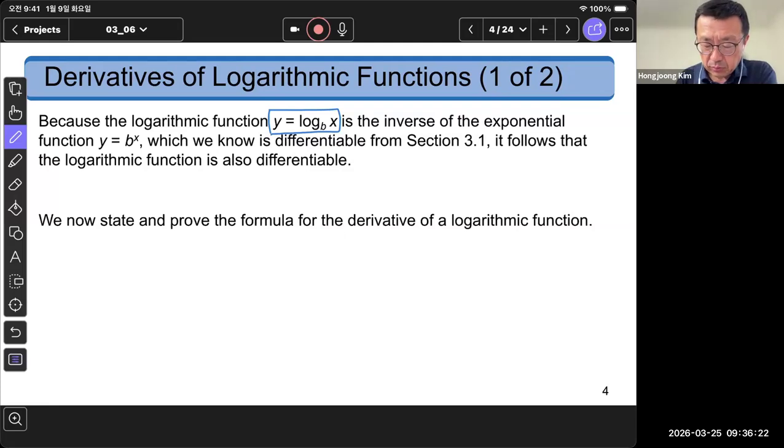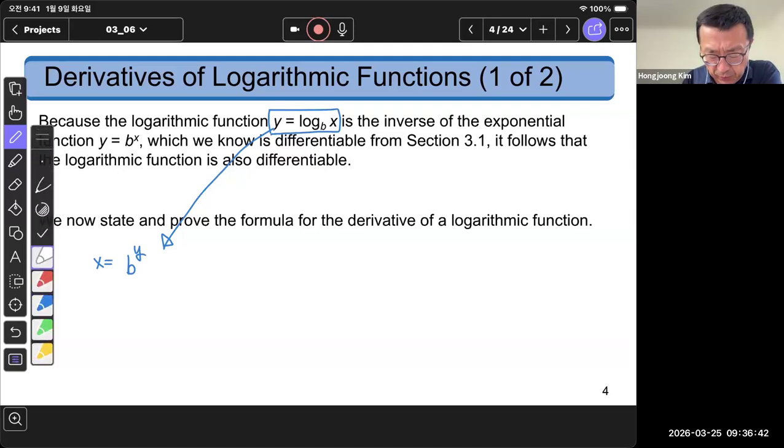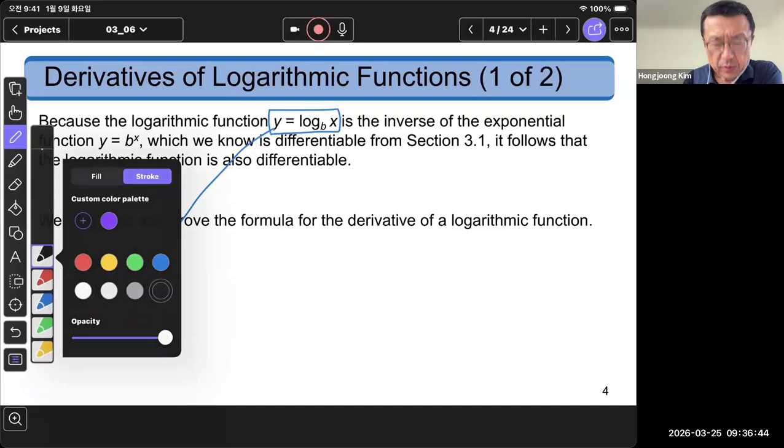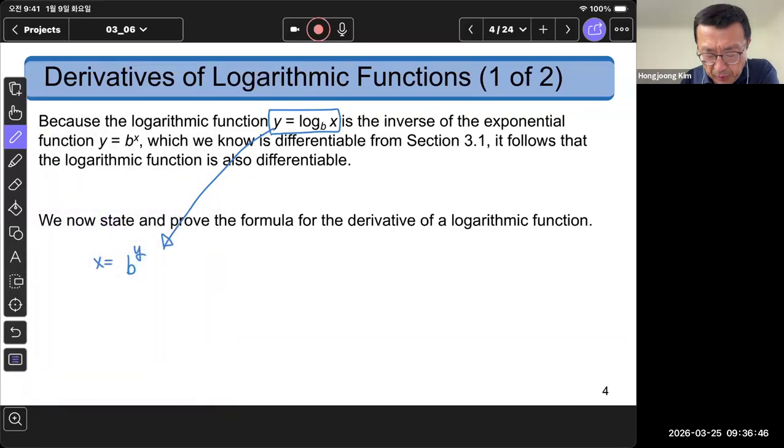Okay, now that means x is b to the y. Okay, and given this relation, what do I get if I differentiate both sides with respect to x?